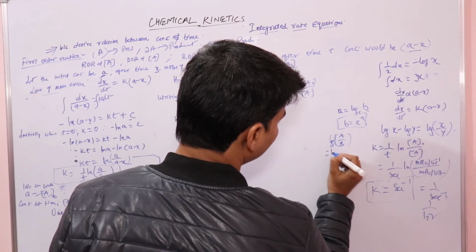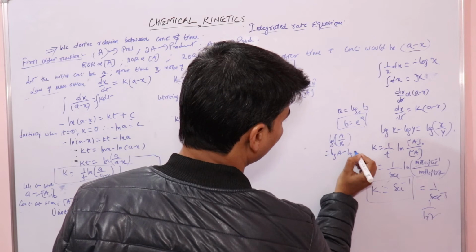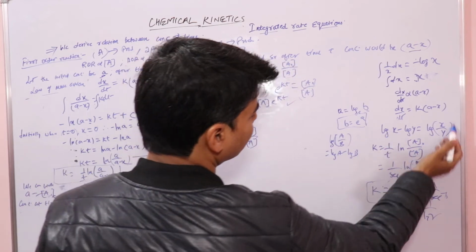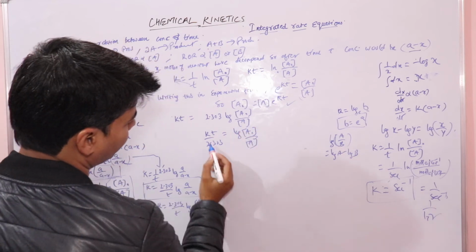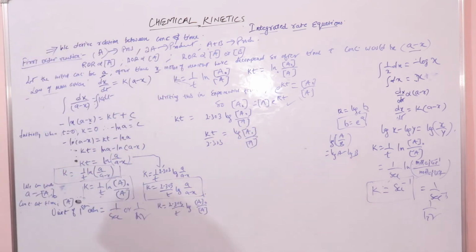Log a upon b is equal to log a minus log b. This is the formula told you before also. So here, we'll give it the form log y is equal to mx plus c, right? That is the form that we have to give to this equation.